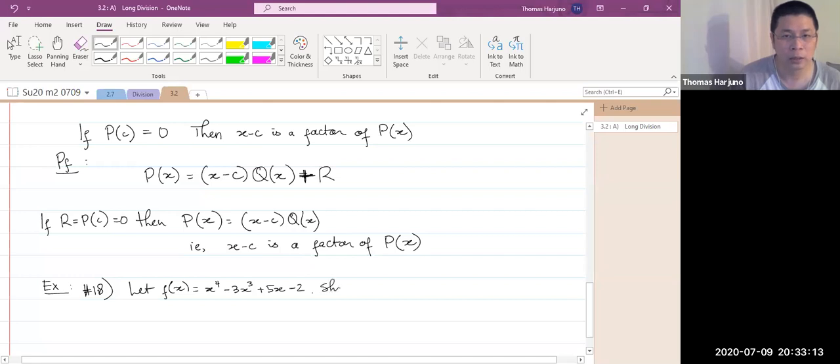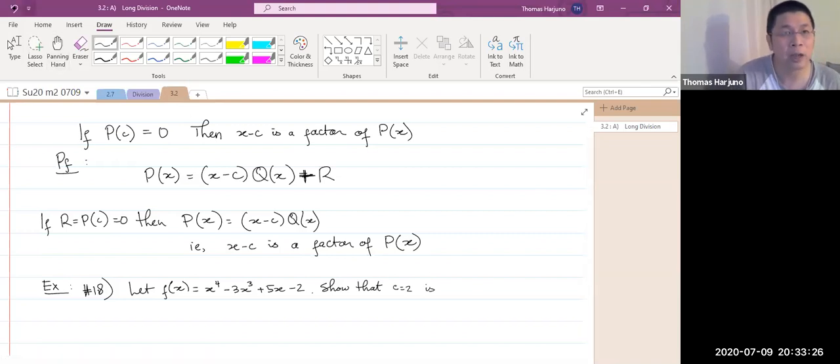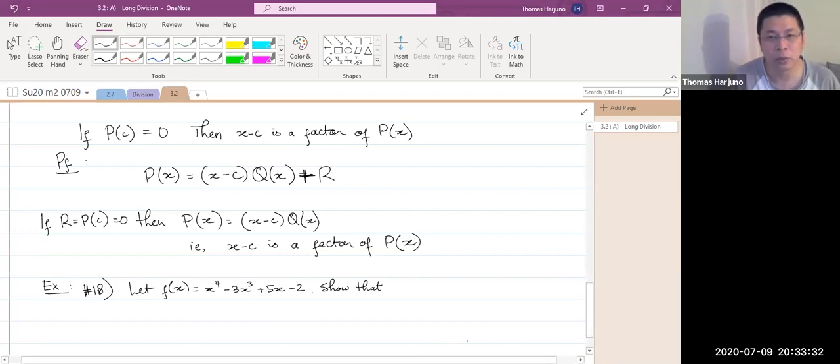Show that c equals 2 is a factor. Show that x minus 2 is a factor of f(x).